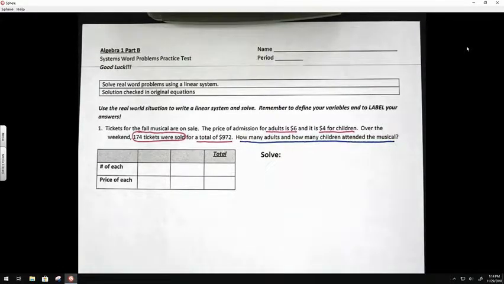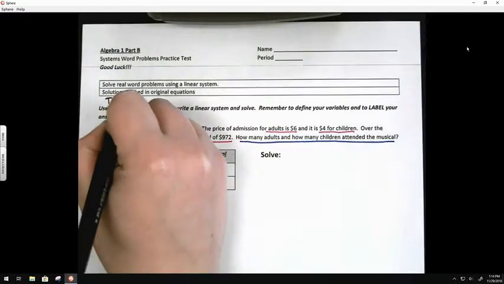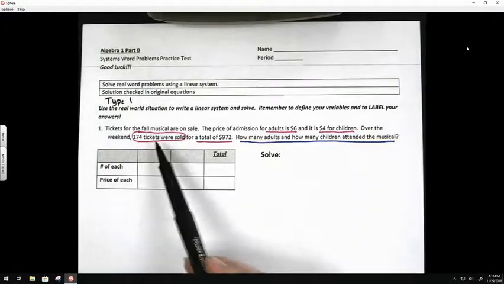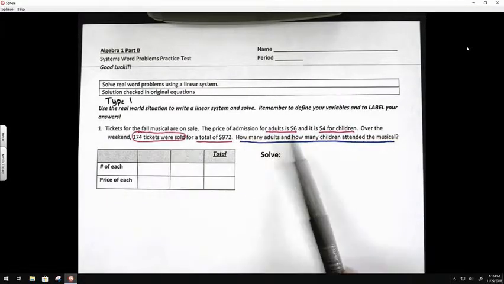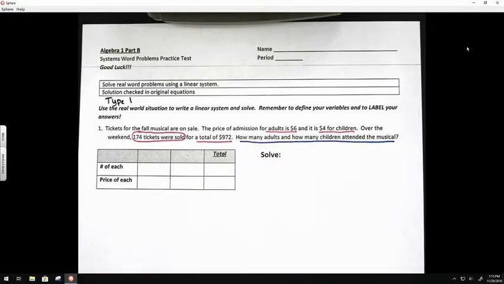This one here was the first type. In type 1 word problems, one equation deals with the total number of items, and one equation deals with money. Here's where we're talking about the number of tickets sold, and these three pieces all deal with money, so they're all going to go in the same equation.